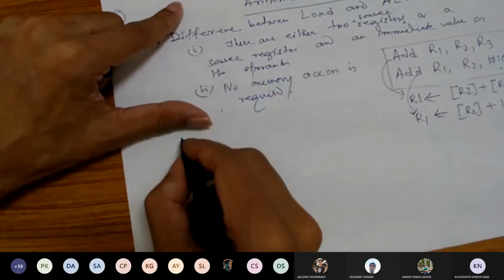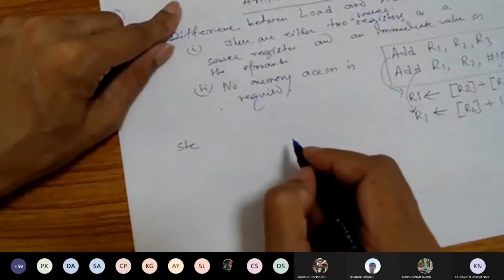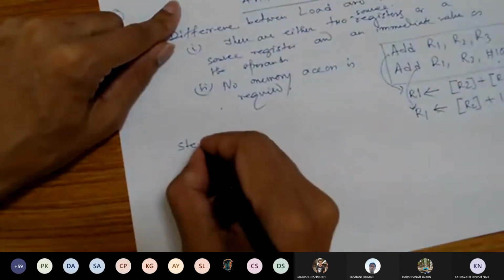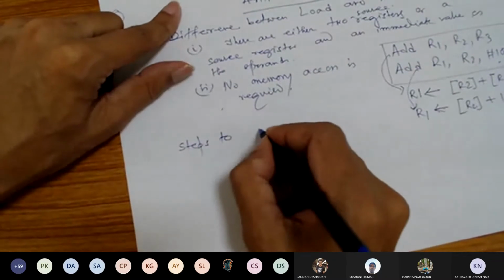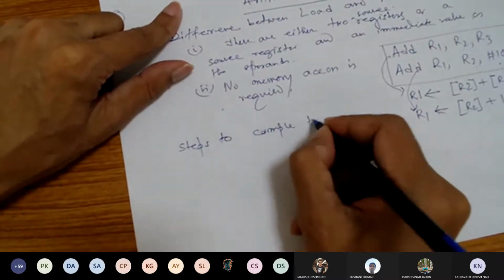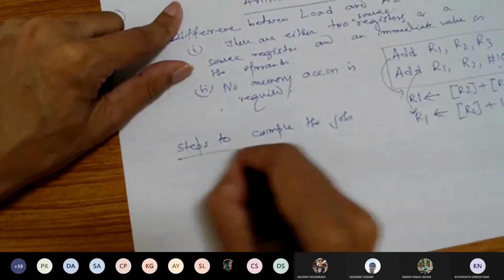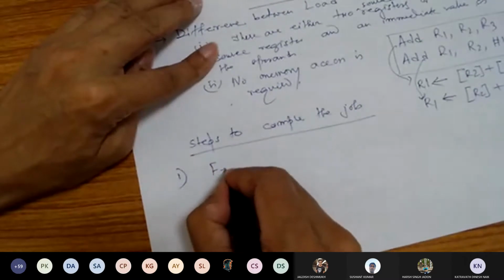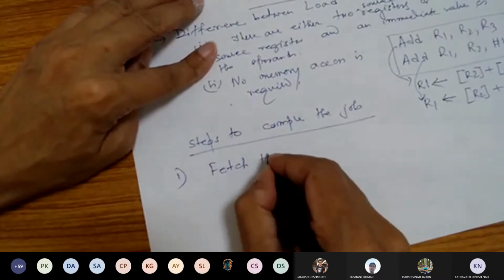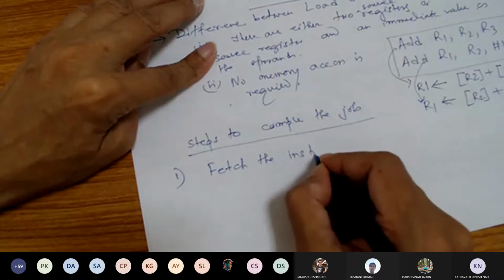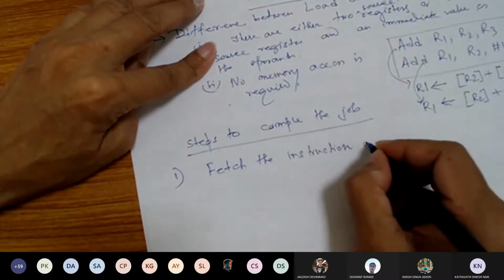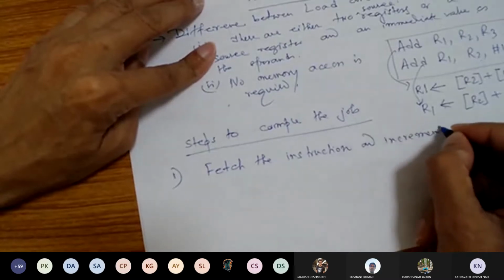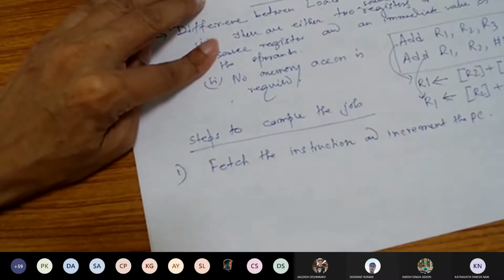So now, if you agree with me, we need to write down the steps to complete the job. First, fetch the instruction and increment the PC, the program counter.